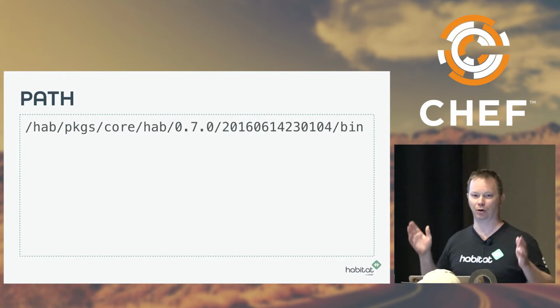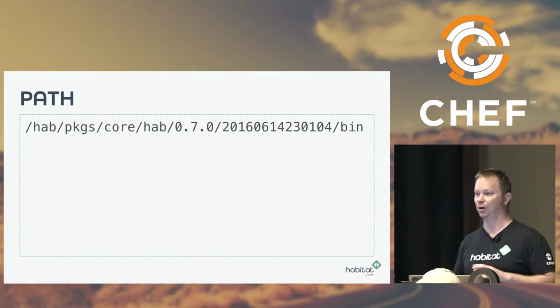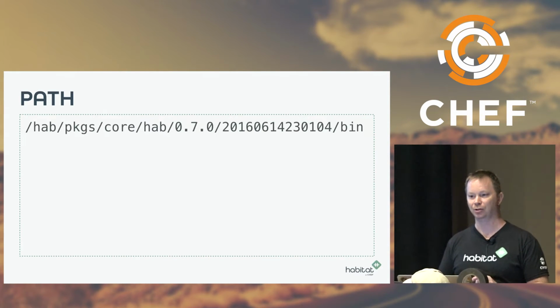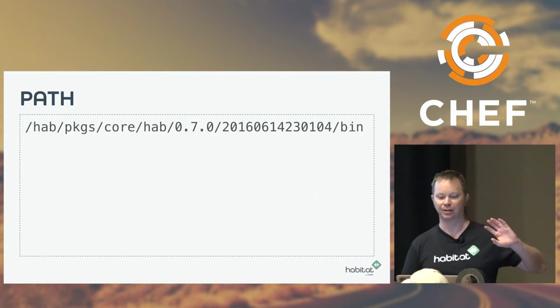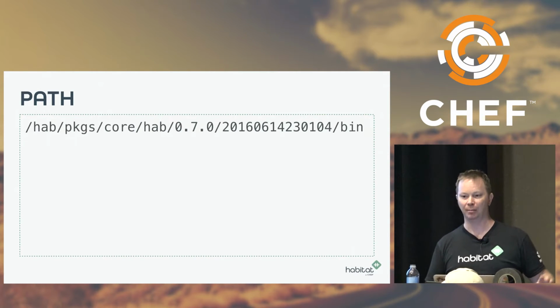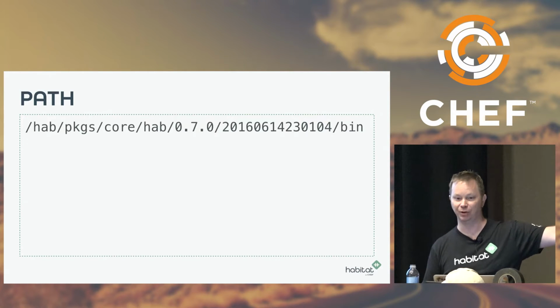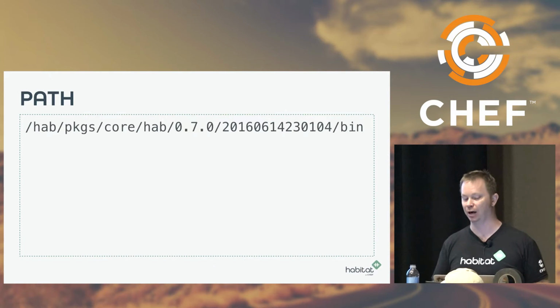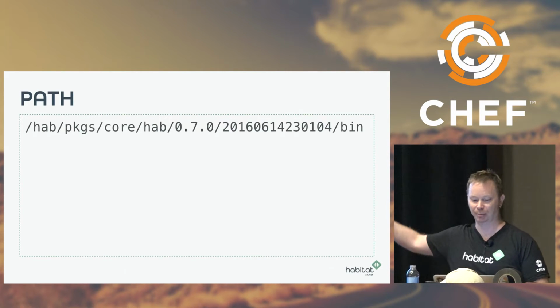So you'll have access to all those locations because all the Habitat packages are installed in /hab. So we don't care if you have /usr/bin/bash on your system because we have a bash package. So if you need bash for Habitat, you use Habitat's bash, and then you know that it's there. And it would be added to your path.